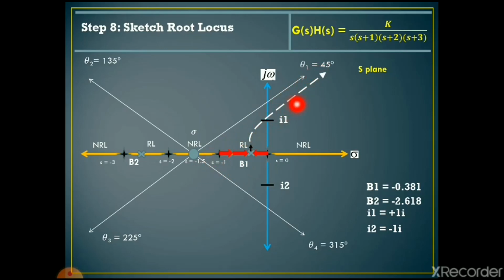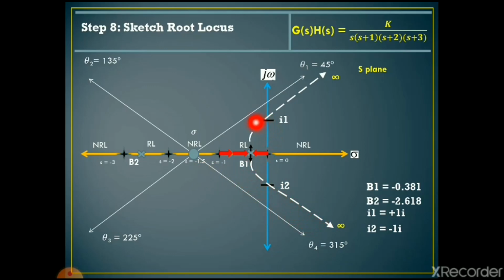But to reach infinity, it will take the help of an asymptote. Theta 1 is equal to 45 degrees. You can observe it is going in the direction guided by asymptote theta 1 is equal to 45 degree, and it is approaching infinity. Now similarly, here you have one more branch, right? That will break away from the real axis at -90 degree, and then it will approach infinity following the asymptote having an angle theta 4 is equal to 315 degree.